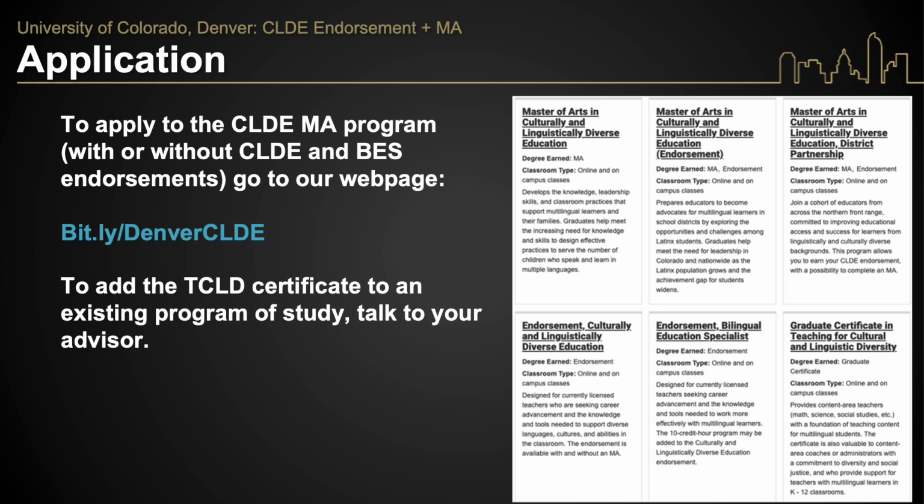To get financial aid, you need to be in a degree-seeking program. So even if you're just selecting the CLD endorsement, you're going to apply for the degree. So that's a little tricky. Please contact us if you need help with that. But you're applying for the Master of Arts.